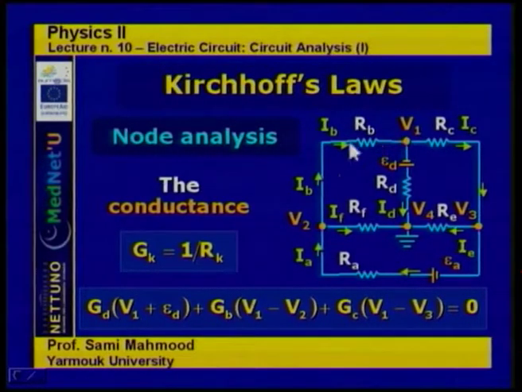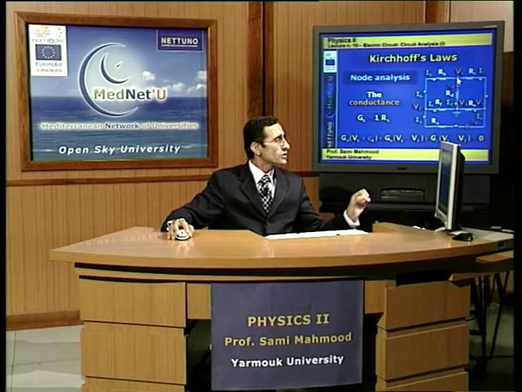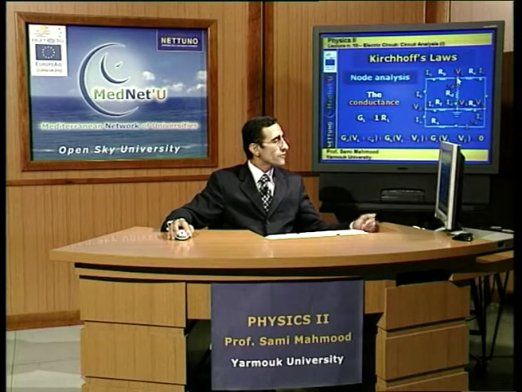That's equal to the current across this plus the current flowing in this branch, which is simply V1 minus V3 divided by the resistor RC or times GC. That's equal to 0. So the summation of all the currents leaving this junction is equal to 0. So this is the first junction or node equation.